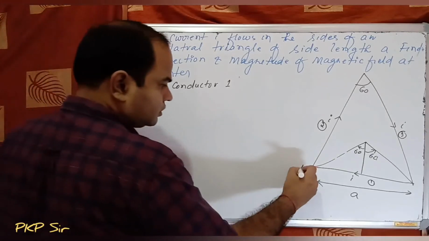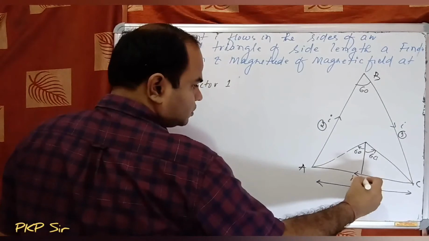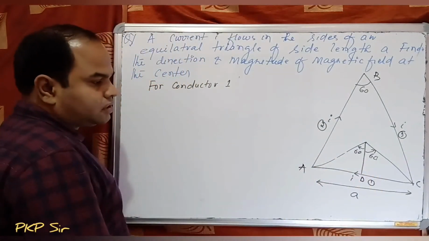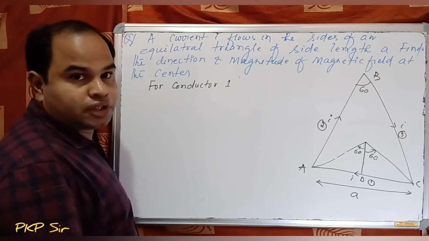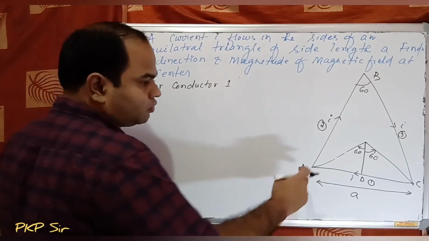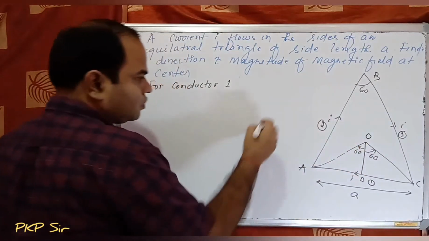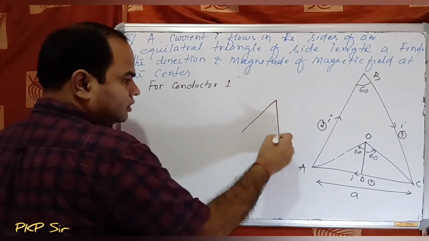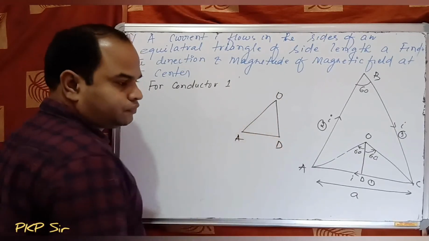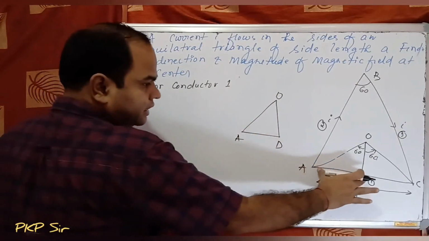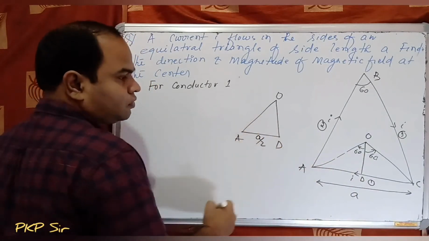So let us say this is A, this is B, and this is C. Let us assume this D. For the first conductor, we need the perpendicular distance. We only know the side length. Let us say this is O. So in this triangle, this is O and this is A, this is D, and it has half of the edge length, so it has A by 2.